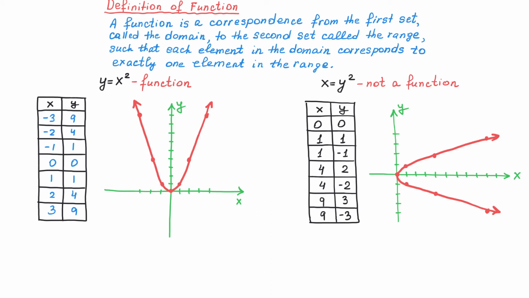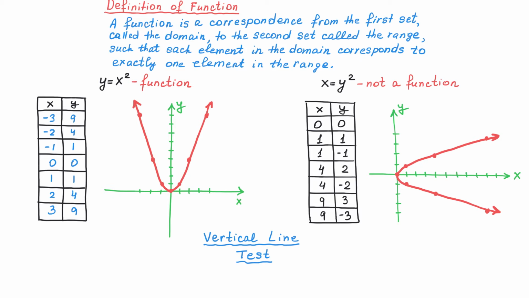You may also recall that we can determine if a graph represents the graph of a function by using the vertical line test. The vertical line test tells us that if we draw a vertical line over a graph and that line crosses the graph just once, then that graph represents the graph of a function.